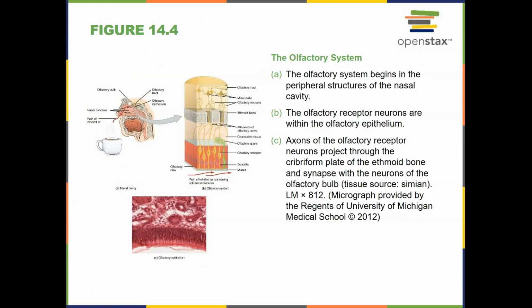So here's the picture from your book showing the olfactory system and us smelling coffee here. First we were smelling a rose, now we're smelling coffee. Here's the olfactory epithelium. Here is the cribriform plate. This is where the mucus is and all the molecules migrating past the olfactory epithelium and the dendrites.